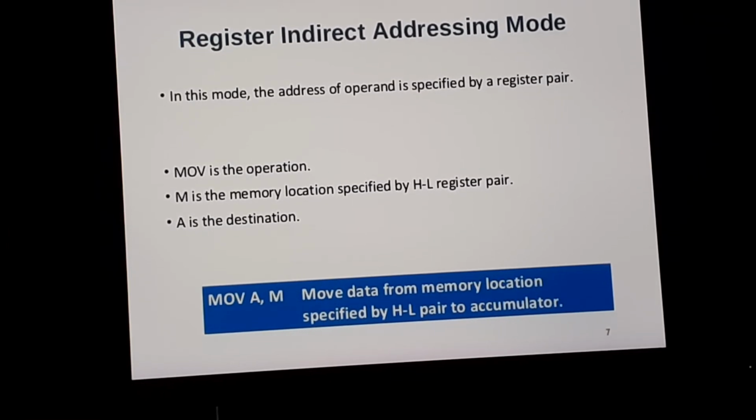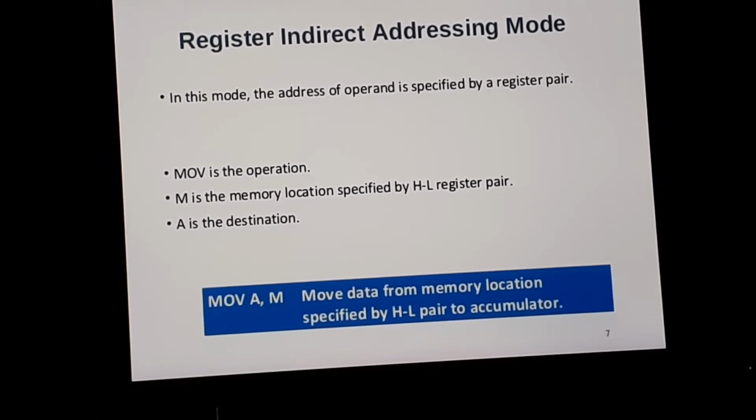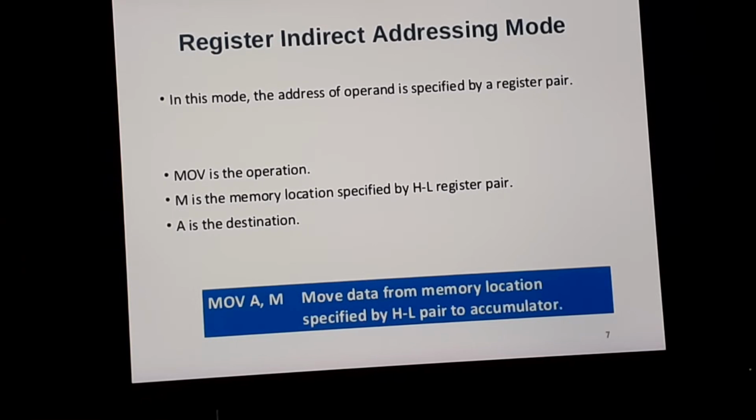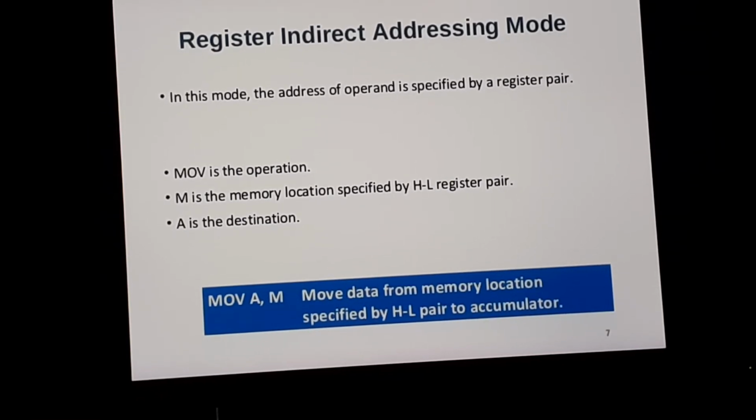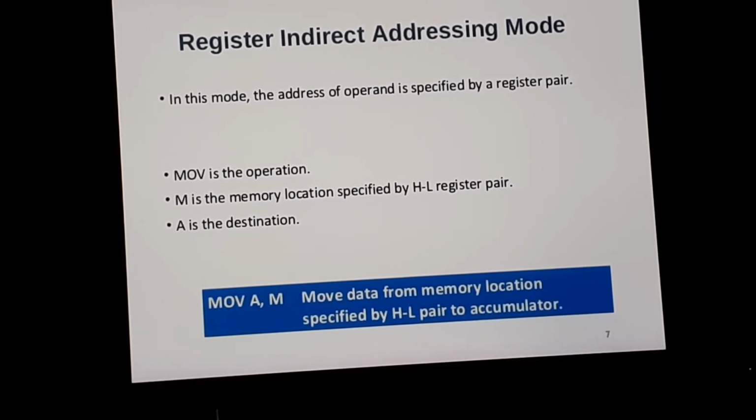If we write M, which is nothing but memory, that is a memory location in the particular kit, that memory location is specified by this register pair. Then MOV is the operation.